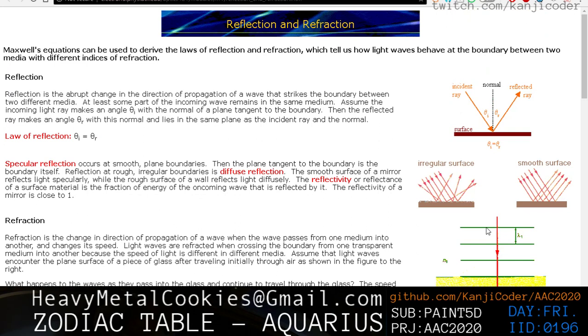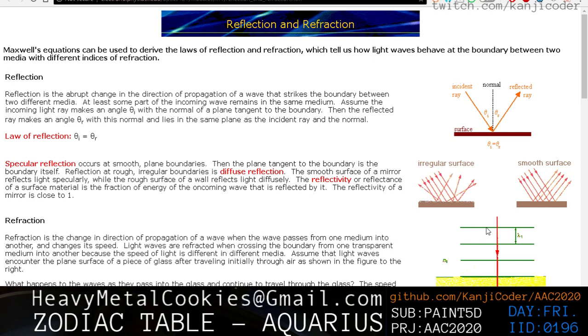Okay. So, Maxwell's equations can be used to derive the laws of reflection and refraction, which tell us how light waves behave at the boundary between two media with different indices of refraction. Reflection is the abrupt change in the direction of propagation of a wave that strikes the boundary between two different media.